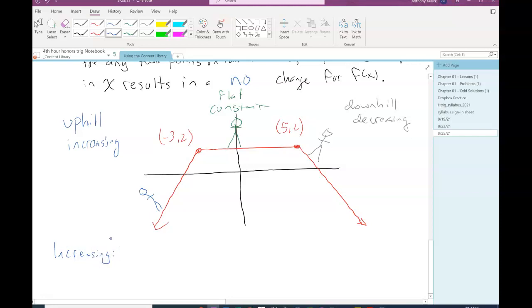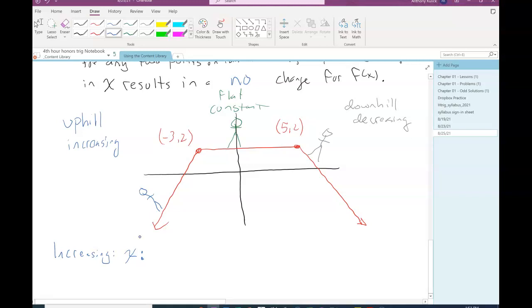So when we write our intervals of increasing, decreasing, and constant, we're always talking about x coordinates. The only interval in this class that we'll talk about that involves y coordinates is ranges. All the other intervals we're talking about are x's. So domains, increasing, decreasing, constant, all talking about x coordinates.